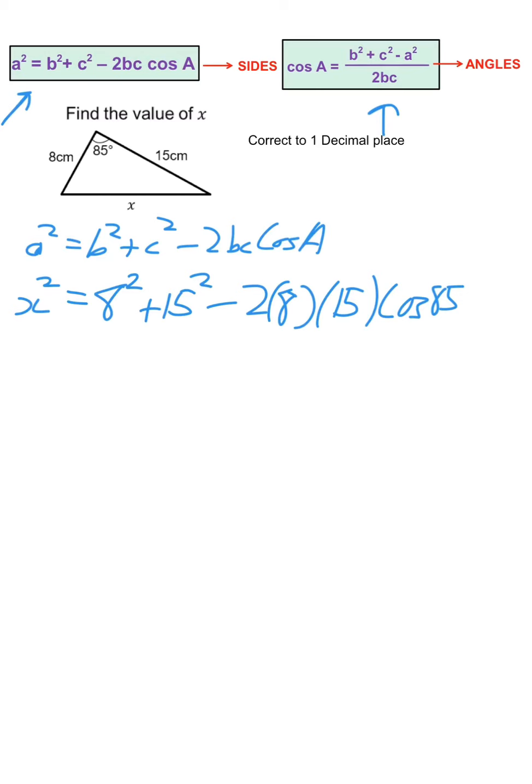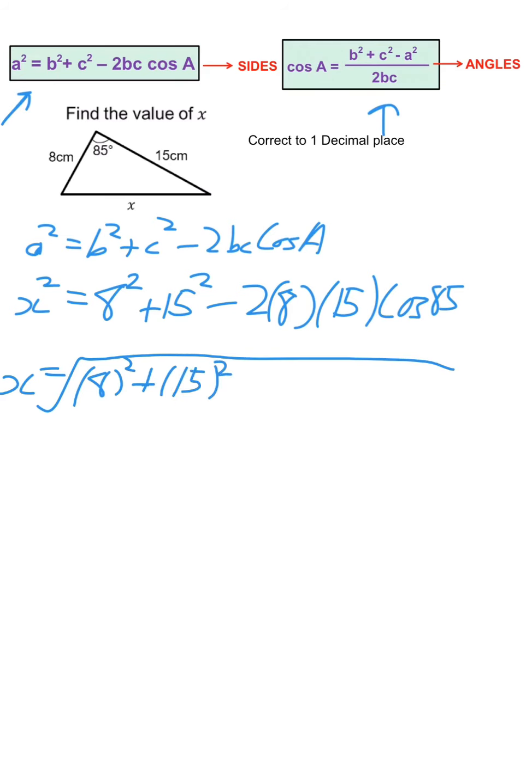So now I have x squared equals 8 squared plus 15 squared minus 2 times 8 times 15 times cos of 85. Because it's x squared, I'm just going to square root my right hand side. So the square root of 8 squared plus 15 squared minus 2 times 8 times 15 times the cos of 85. Let's put all this into the calculator.